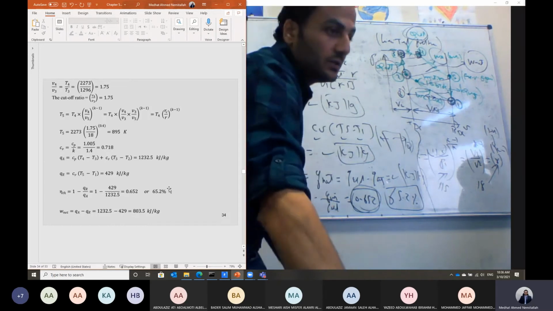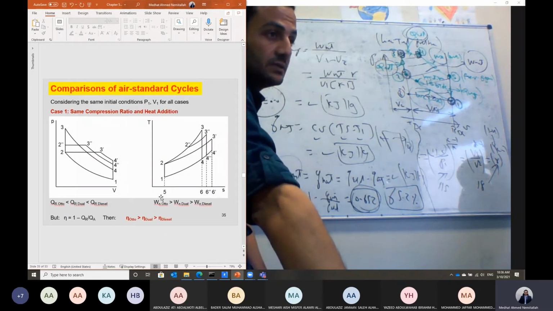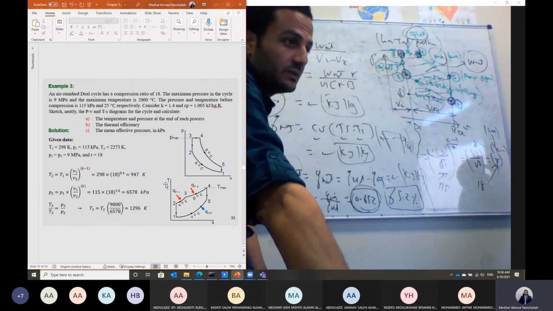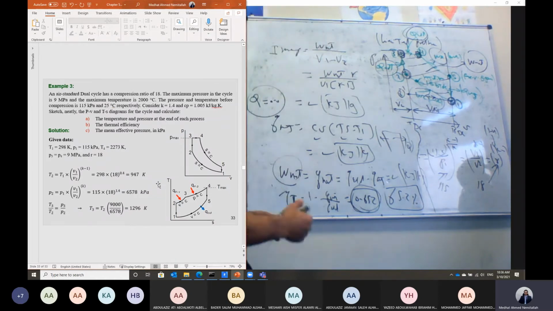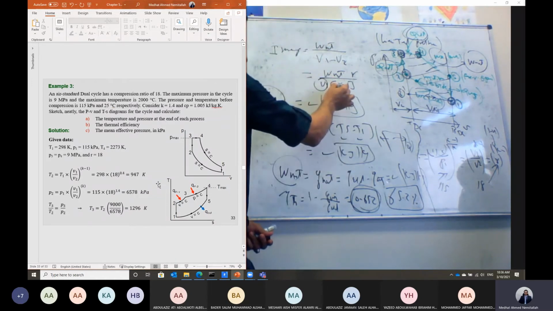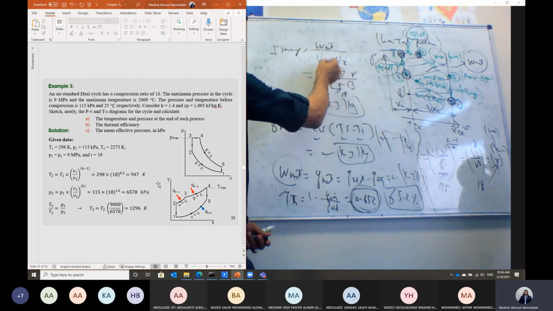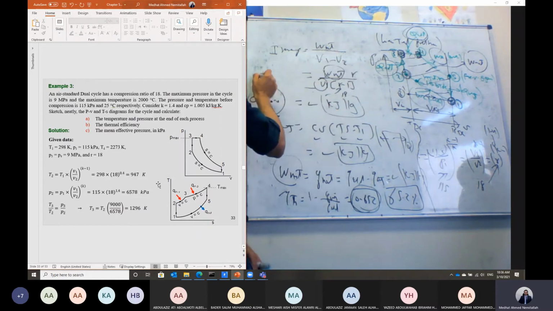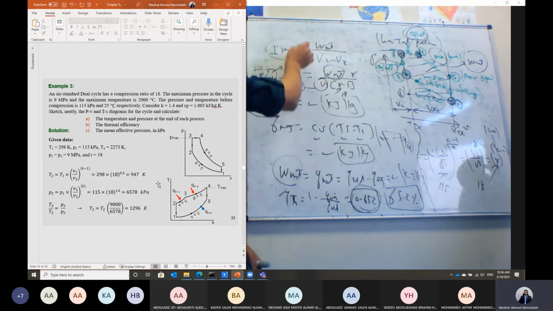Okay. Then we can calculate the indicated mean effective pressure in this case. To calculate the volume V1, here we have r equal to 18. We have calculated work net. For volume V1, we can apply V1 equal to RT1 over P1. Then we can calculate V1, and then we can calculate this indicated mean effective pressure.